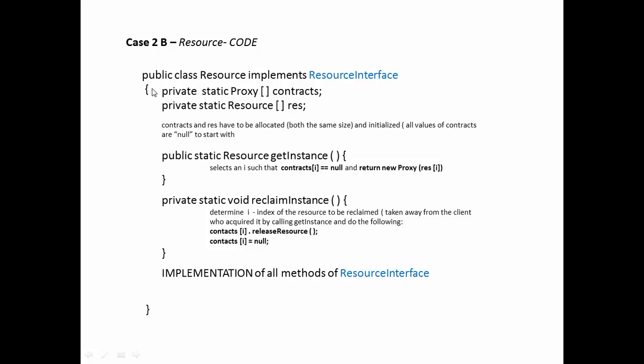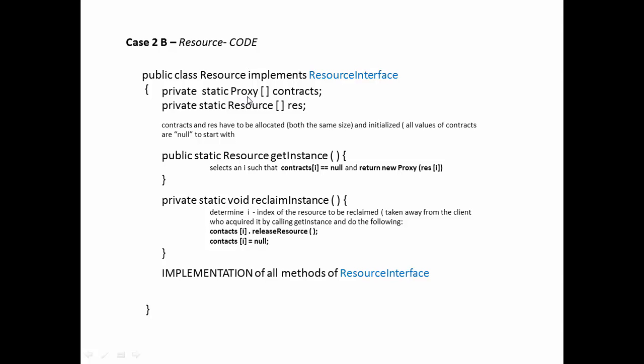But what we show here is a portion which is related to how we manage the resources. Please note that this class has two private statics. We do this through arrays, but this is just to illustrate in a simple manner how this could be implemented.